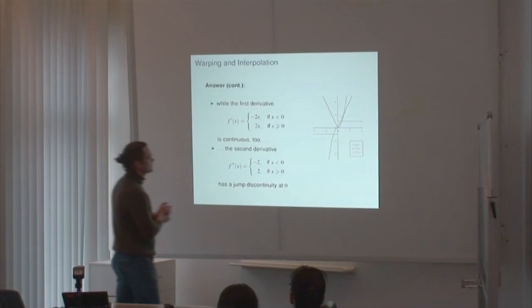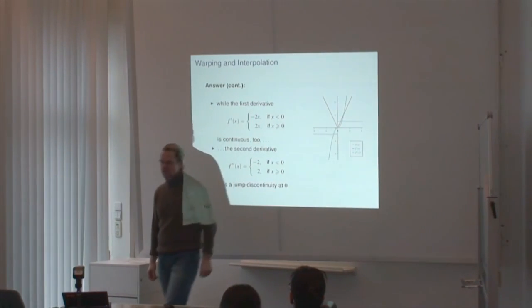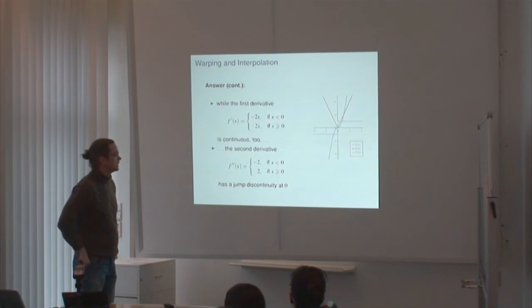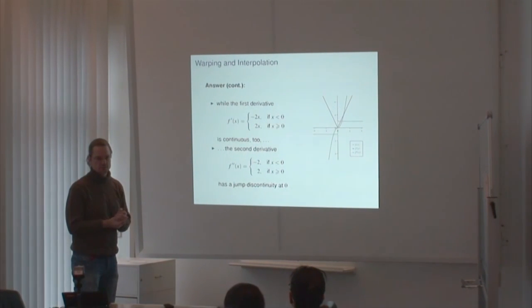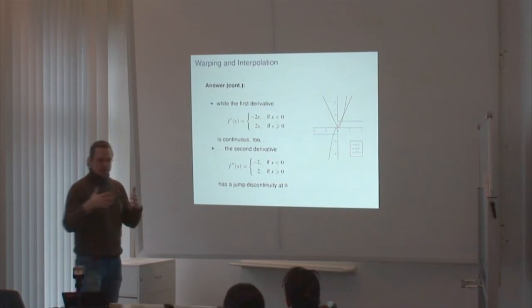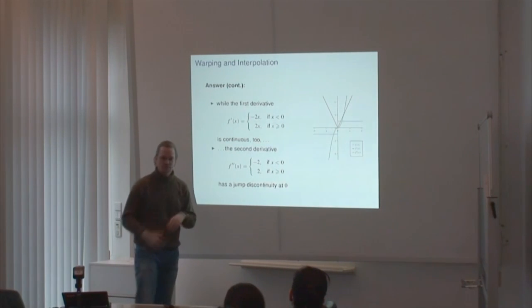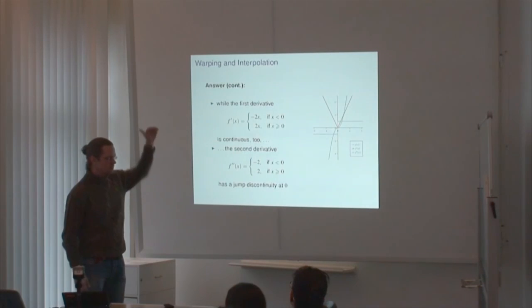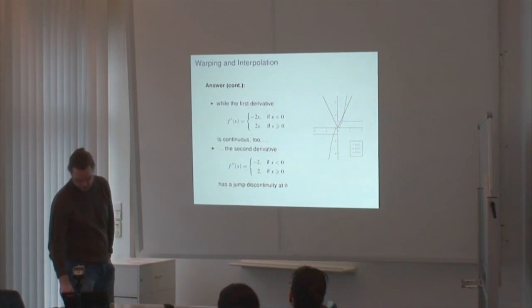We could not guarantee that the second derivative is continuous if we were, for instance, just to consider quadratic splines. So by looking at cubic splines, that is third order polynomials, we know that the second derivative still will not have jump discontinuities. That is the reason why we look into cubic splines.